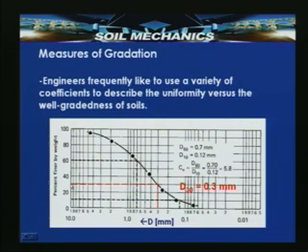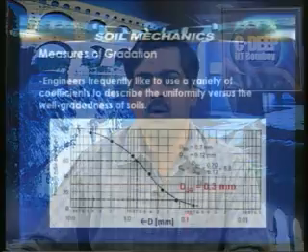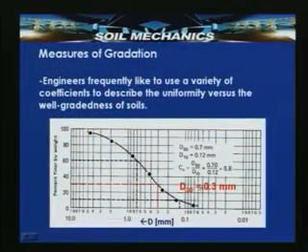D30 can be found out from here, and we can find that D30 is around 0.3 mm. If you find the coefficient of uniformity, D60 by D10, it works out to be 5.8, and the coefficient of curvature, D30 squared by D60 into D10, gives around 1.07 or so.